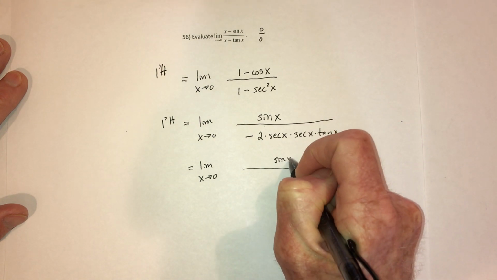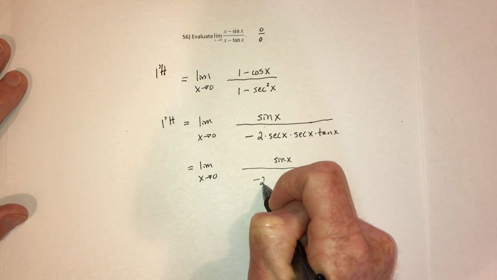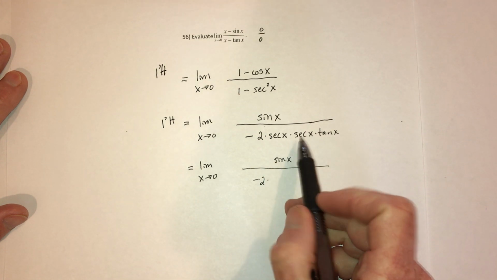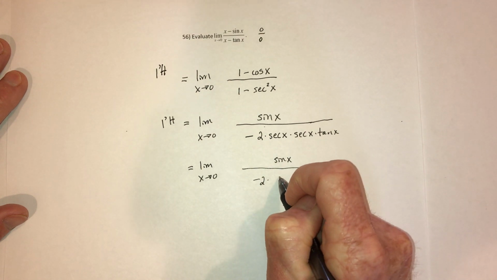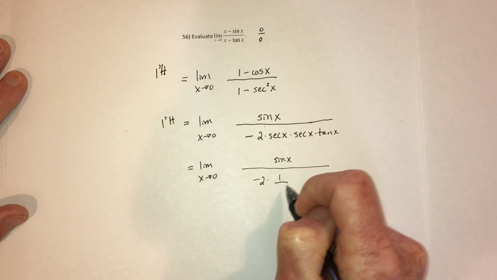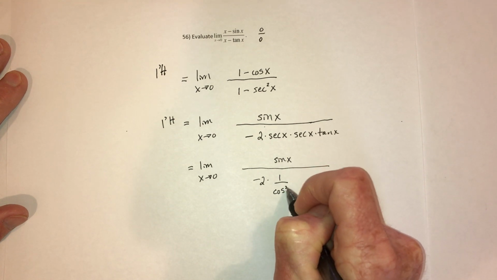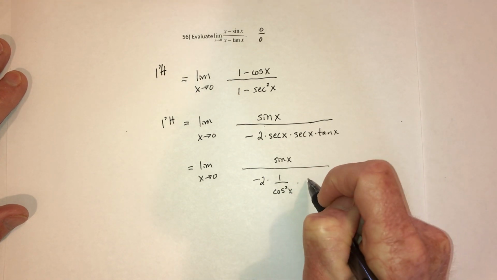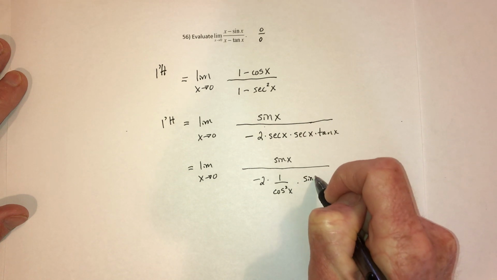So the top, that's just sine x, but the bottom, this is 1 over cosine, and because there's 2 of them, it's 1 over cosine squared, and then tangent is sine over cosine.